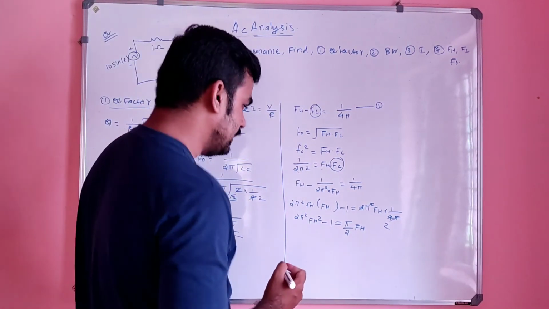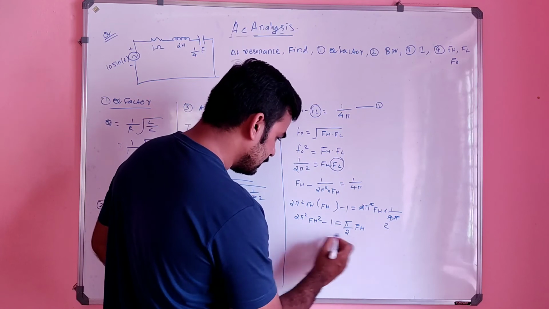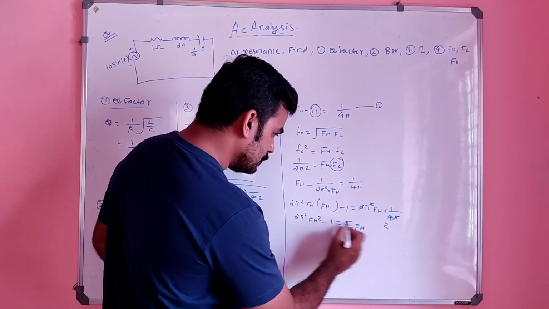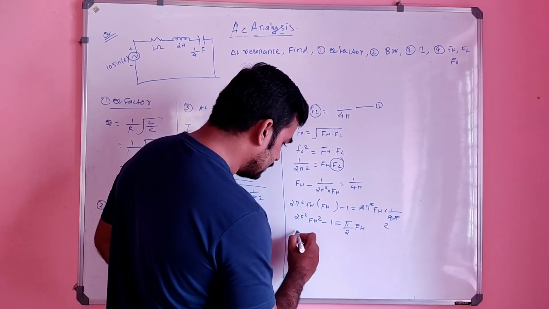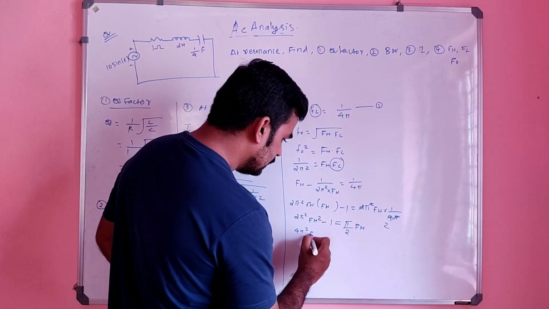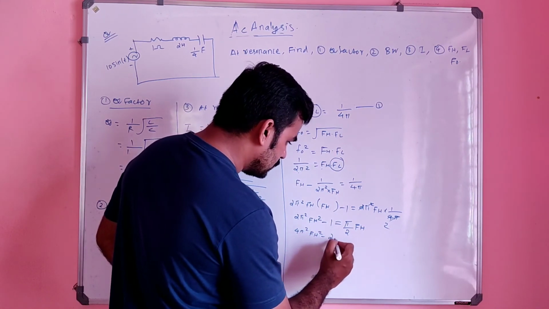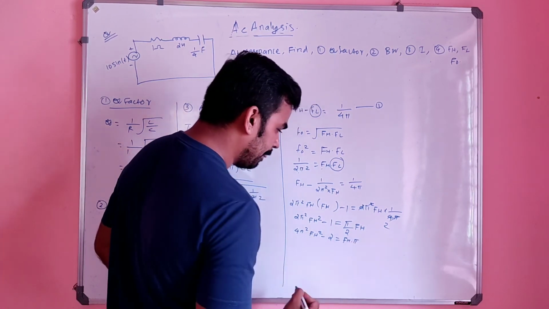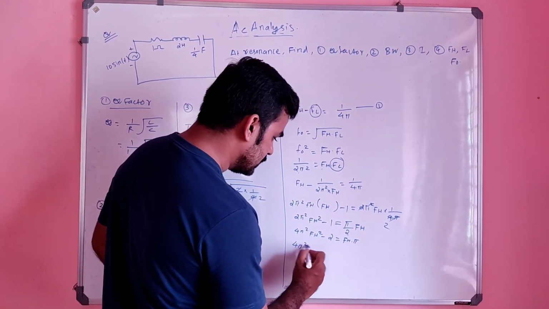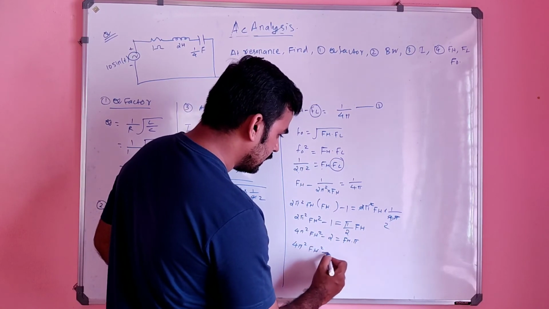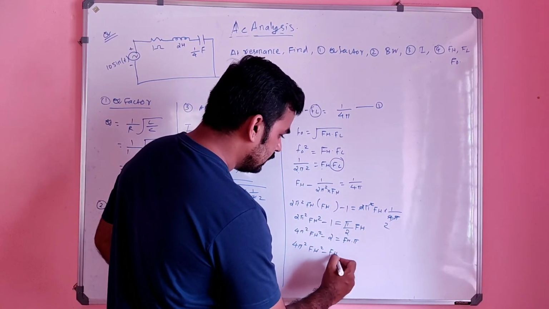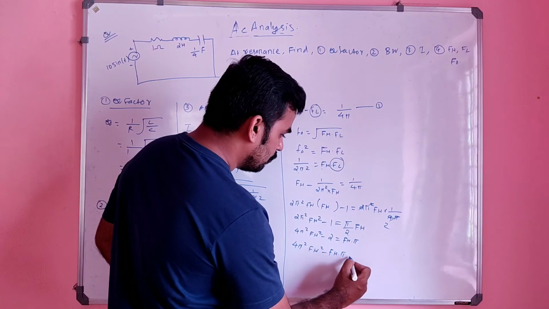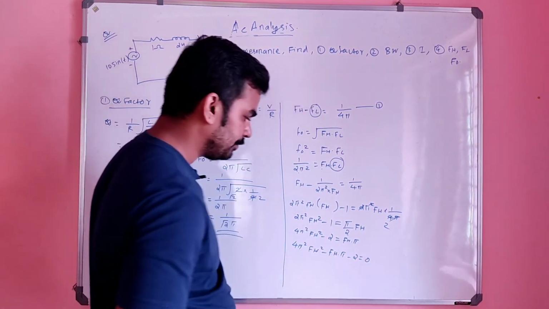See what happens when I multiply with 2: it will become 4 pi square FH square minus 2 equal to FH into pi. So it will become 4 pi square FH square minus FH into pi minus 2 equal to 0.